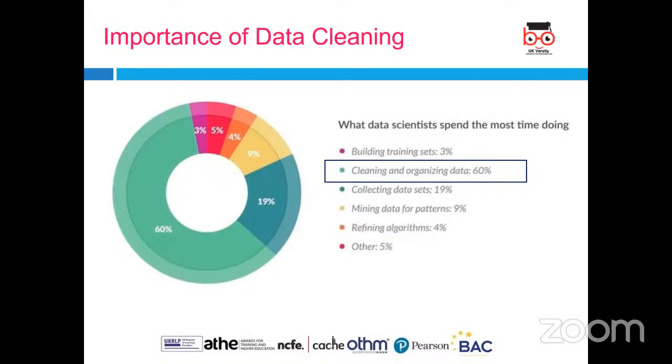This is an image which shows the importance of data cleaning, of how important it is to gather, process, clean and validate our data. It shows it is 60% of the whole process.